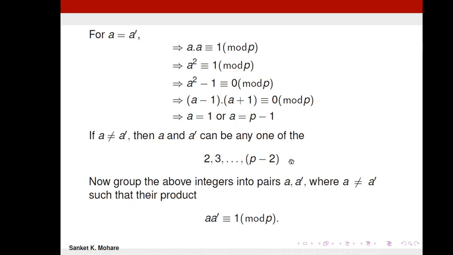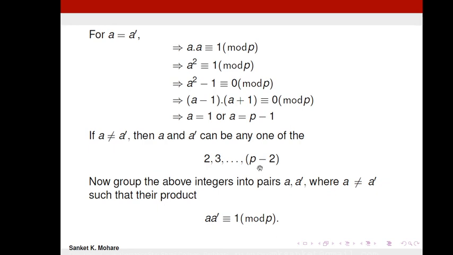Suppose we have total p integers and we remove 1, p minus 1 and p minus 2. So how many integers do we remove? 3 integers. So total p minus 3 integers remain. If we pair all p minus 3 integers, how many pairs do we get? Total we get p minus 3 by 2 pairs.